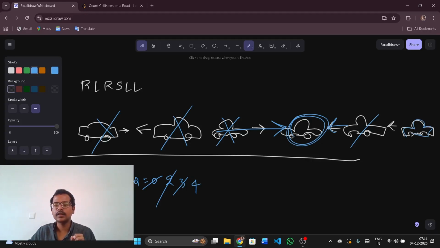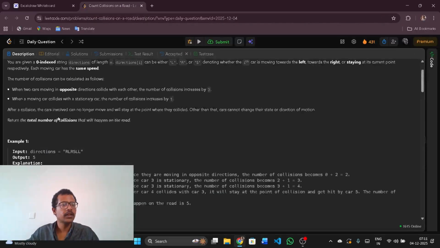Now let's take this car. This is also moving in the left direction, right? So this will collide with this stationary car, because it is moving in the left direction and colliding with the stationary car, and it has made it stationary. When a moving car collides with a stationary car, the number of collisions increases by 1.